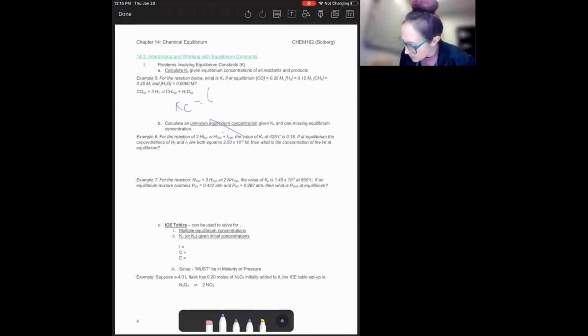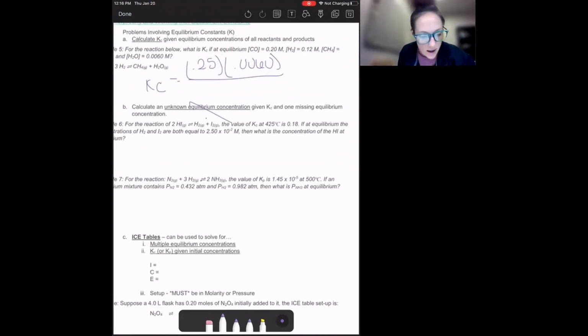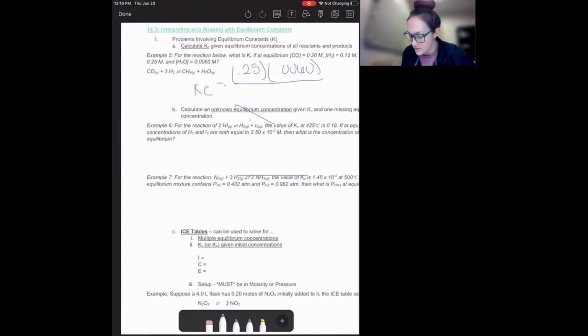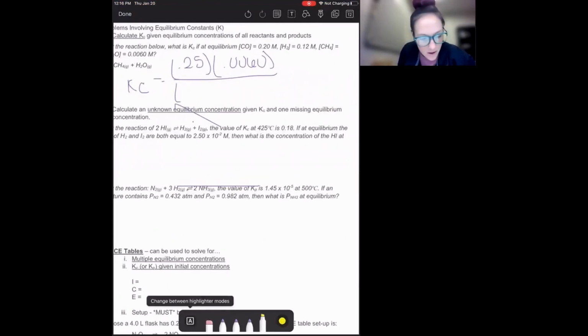So it'd be CH4's concentration, which is 0.25, times water's concentration, which is 0.0060, all over the concentration for carbon monoxide, which was 0.20, times the concentration of H2 cubed, because it had a coefficient of 3.